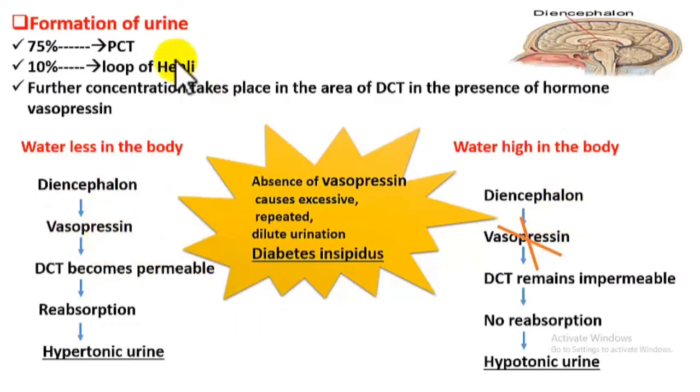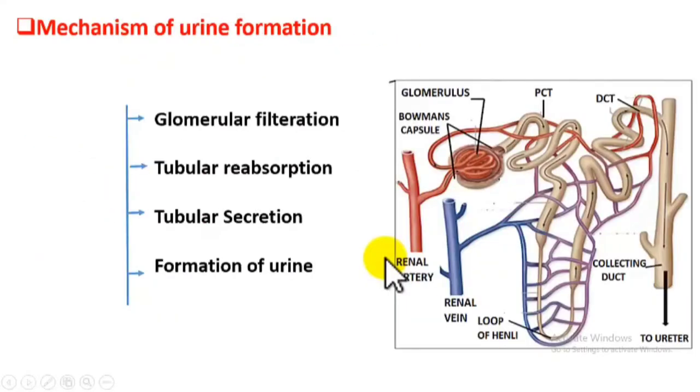Understood, students? So that is what is mentioned here. So we have finished the mechanism of urine formation. I hope you all understood all these steps. The first step is glomerular filtration, then reabsorption, then secretion and formation of urine.